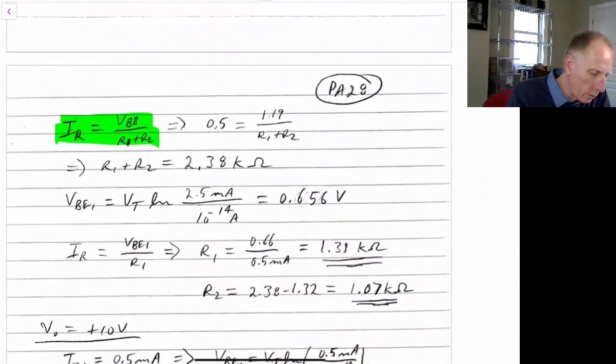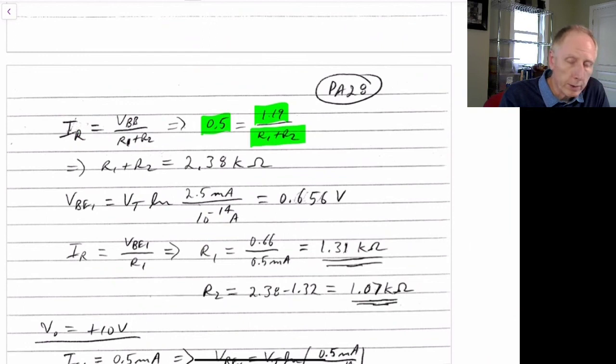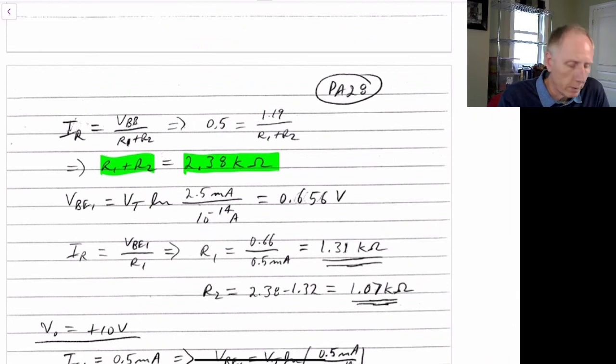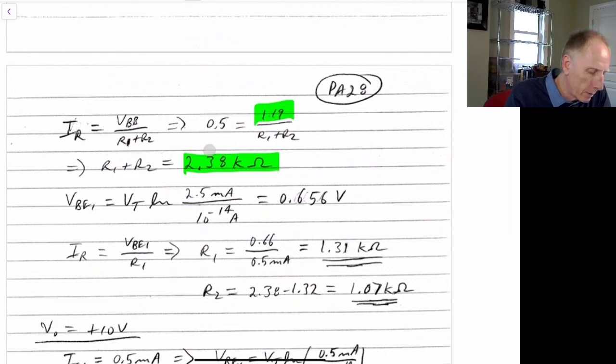So that's 0.5 milliamps equal to 1.19 volts divided by R1 plus R2. Now we want to figure out what R1 plus R2 should be. What we found is that R1 plus R2 should equal 2.38 kiloohms. And that's again because we want 0.5 milliamps going down through it when we have a VBB voltage equal to 1.19 volts. So that's the first part, R1 plus R2, given by this.